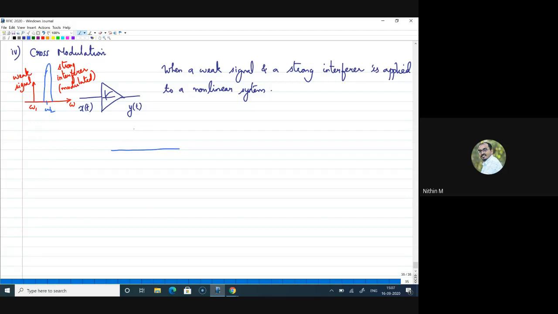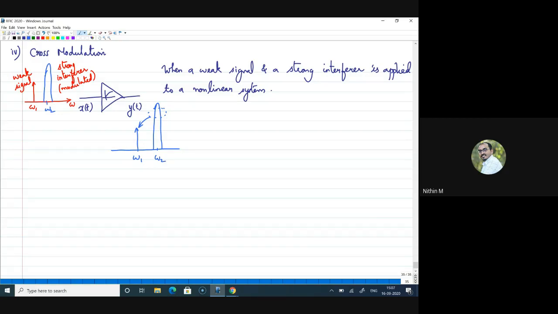This is your weak signal and this is a strong interferer, but it is observed that when these two are applied to a single nonlinear system, the modulation which is on the signal at omega 2 is transferred to the desired signal, which is not really desired. That transfer of modulation is not a desired one, but it is observed that when a modulated strong interferer goes along with the weak signal, the modulation is getting transferred from this interferer to this weak signal.